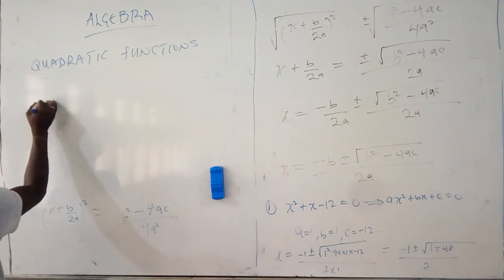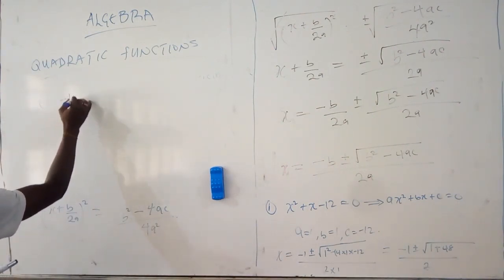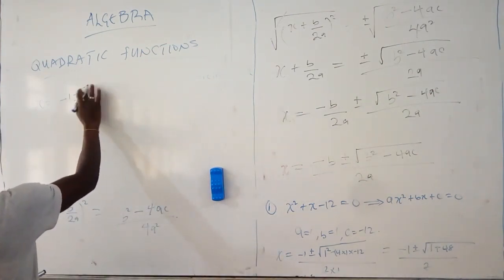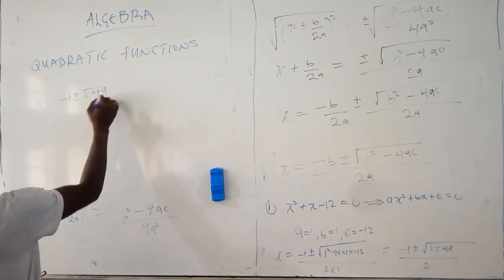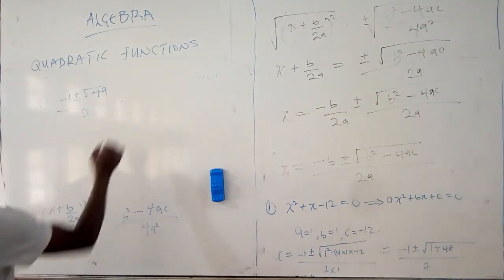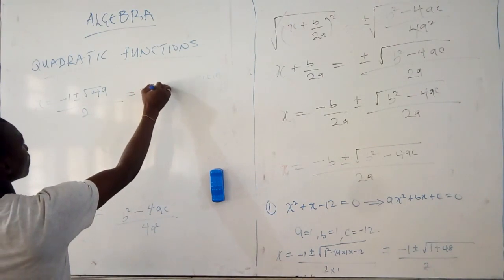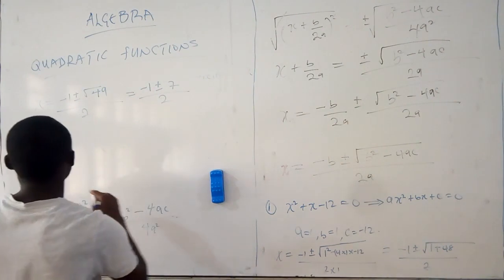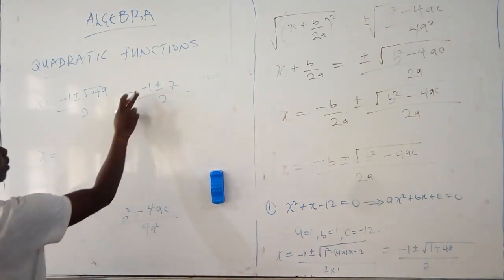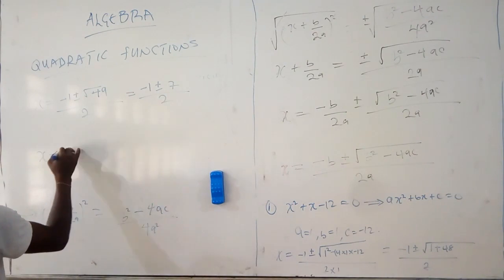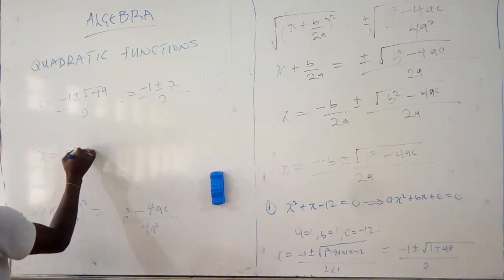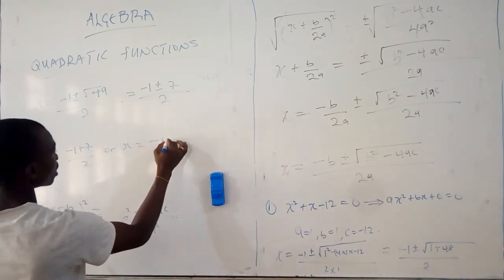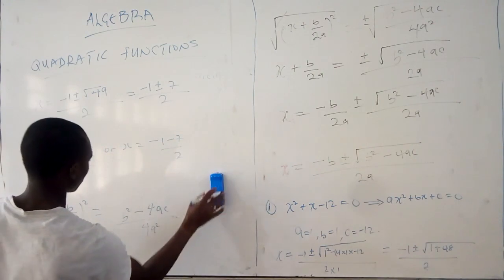Then you have your x to be minus 1 plus or minus root of 49 all over 2. So minus 1 plus or minus root of 49 is 7 all over 2. So you have x is either minus 1 plus 7 over 2, or x is equal to minus 1 minus 7 over 2.